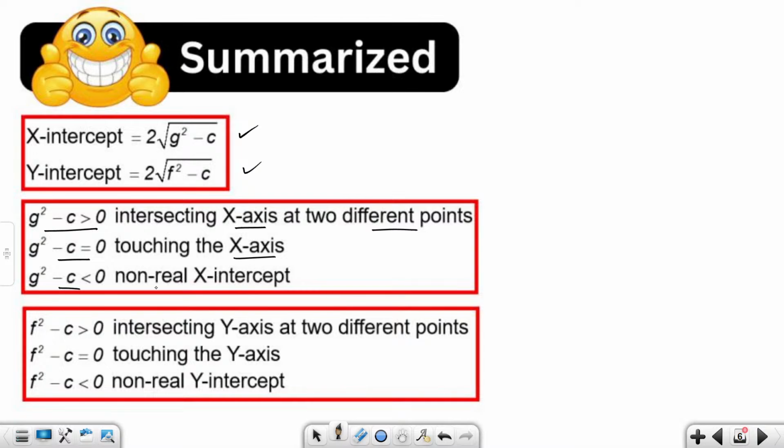And when it is less than 0, there is no x-intercept. Similarly, with the y-axis, f square minus c greater than 0, it intersects at 2 different points. Equal to 0, touching the y-axis means your y-axis now becomes tangent to the circle. And f square minus c less than 0, there is non-real y-intercept.